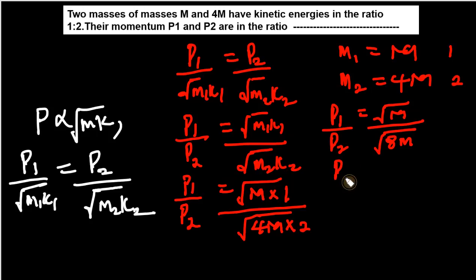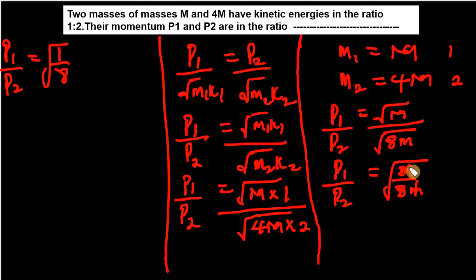So this we can write as root m upon 8m. This can cancel, so that if we cancel m with m, we have root 1 over root 8, and root 1 is 1.